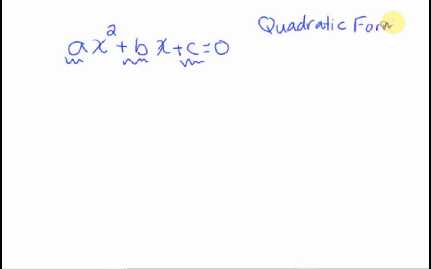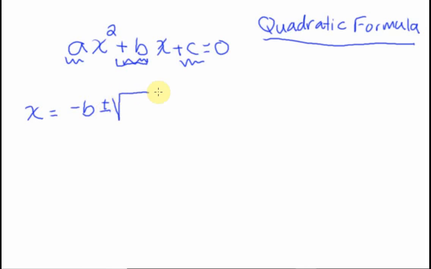It's something most people remember, the quadratic formula. I think it's a pretty cool one. The quadratic formula is going to give us our two solutions. The first part of the formula is you take the opposite of b. Whatever b is, you take the opposite. So negative b, negative means opposite, plus or minus, so two separate answers there.